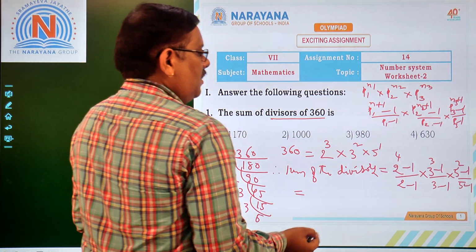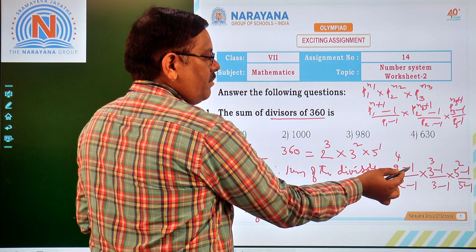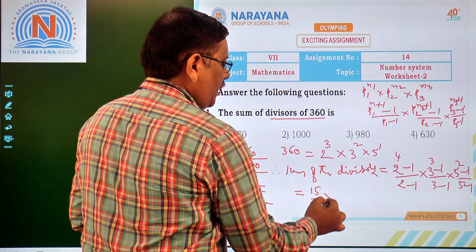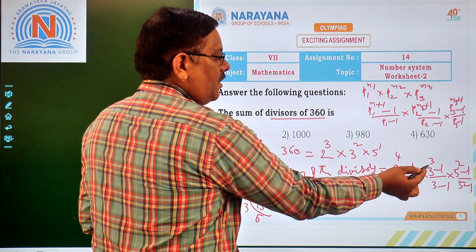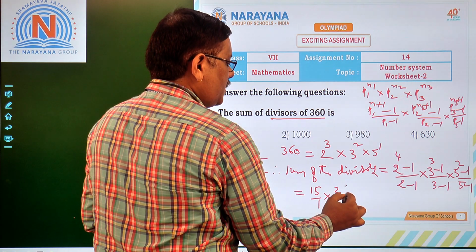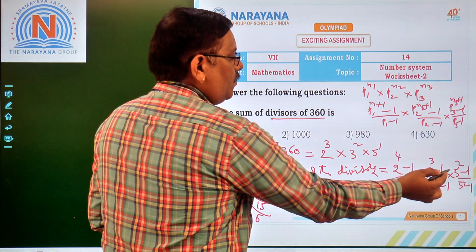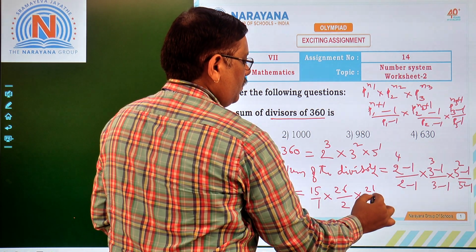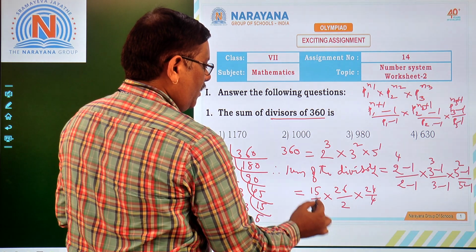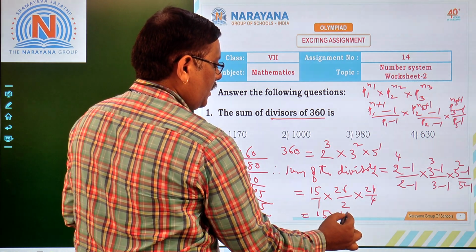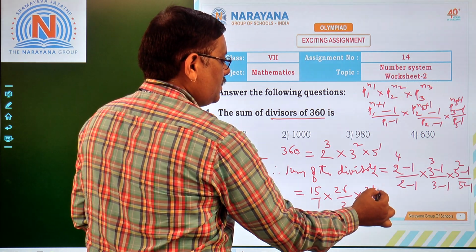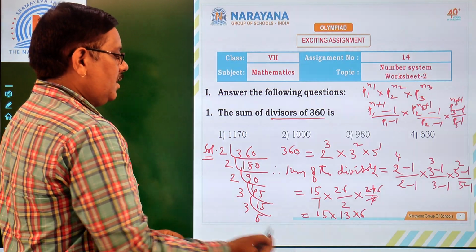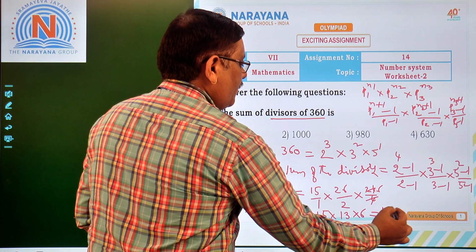That is 2 power 4 is 16, 16 minus 1 is 15, 15 by 1, so that is 15, into 3 cube is 27, 27 minus 1 is 26, 26 upon 2, into 5 square is 25, minus 1, 24 by 4. So that is 15 times 13 into 6. 6 15s are 90, into 13, that is 1170.